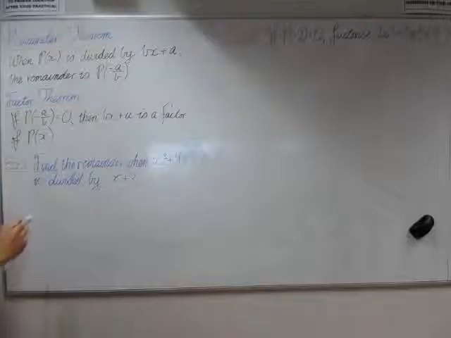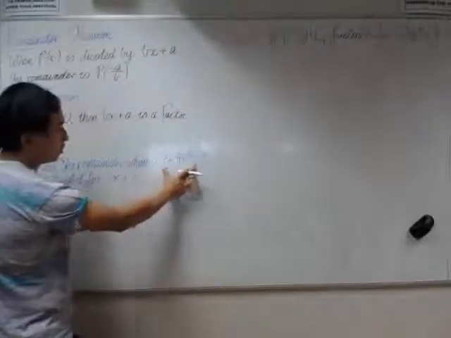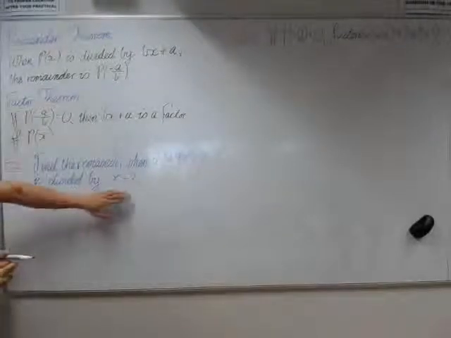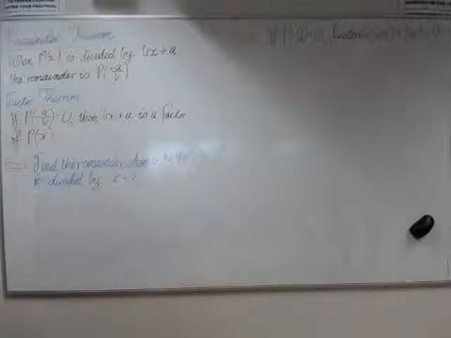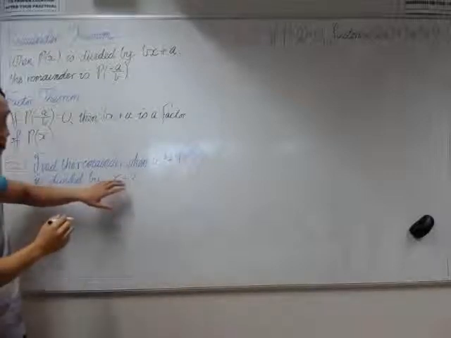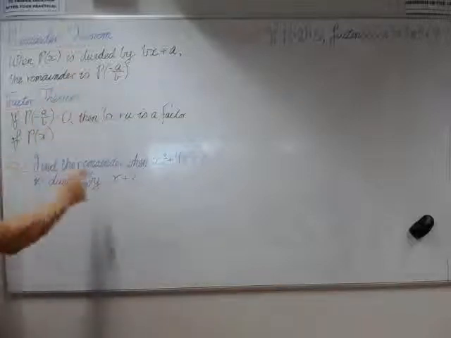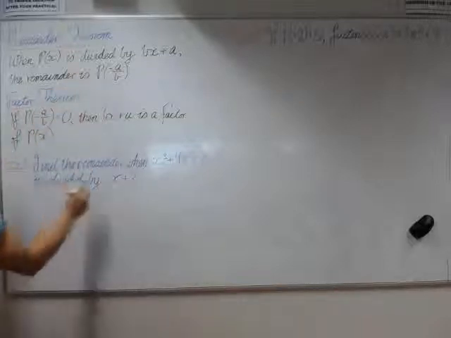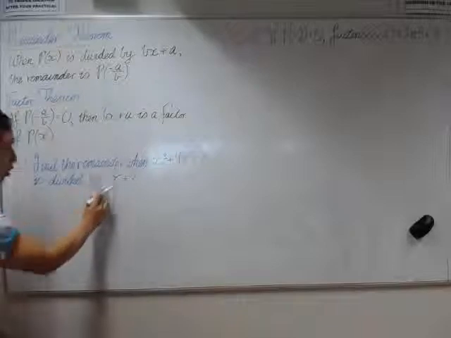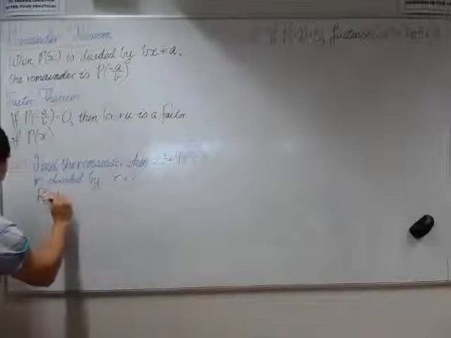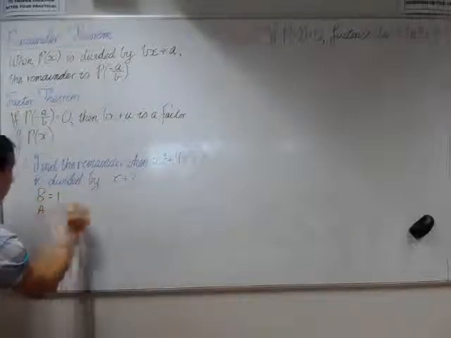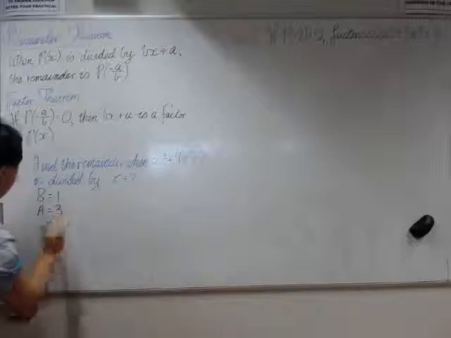So find the remainder when this cubic expression here is divided by x plus 3. Now, first of all, we need to think about what the values of b and a are from our general rule here. So x plus 3 over here, our coefficient of x is 1. And our constant here is positive 3.